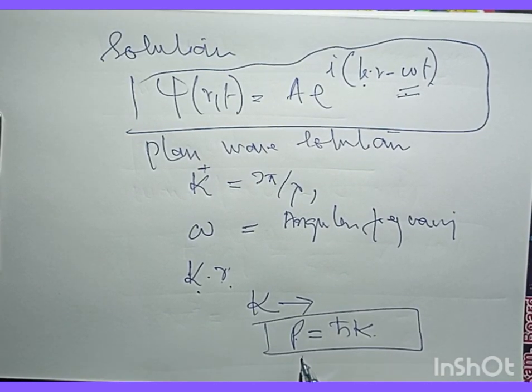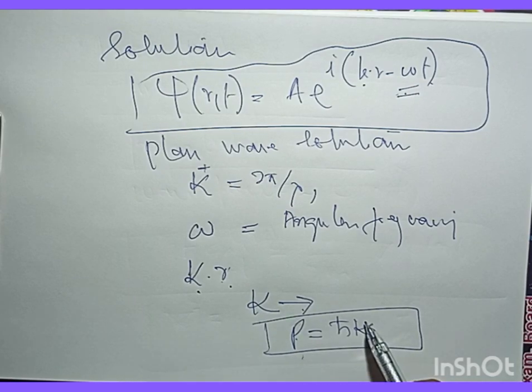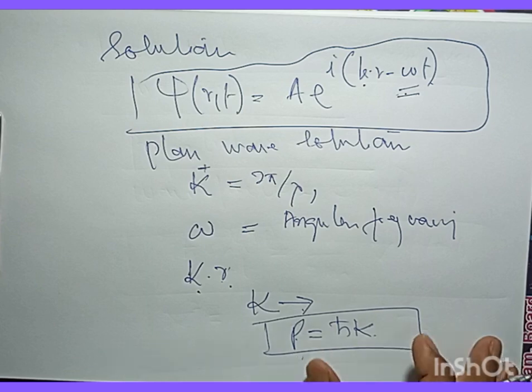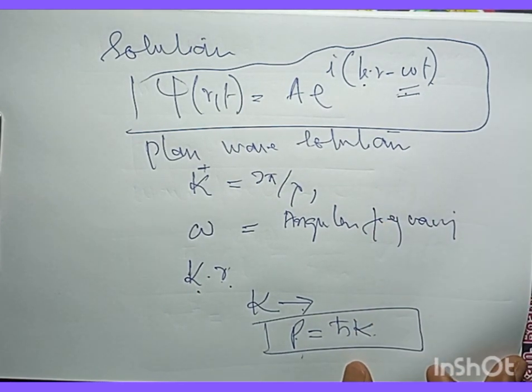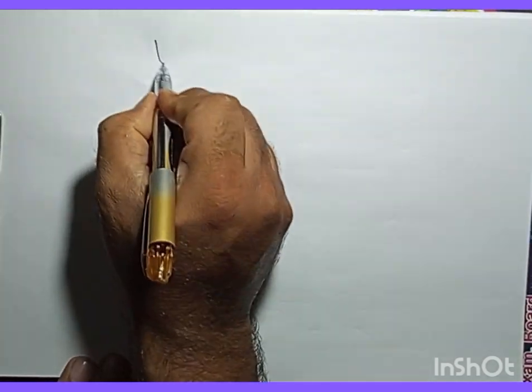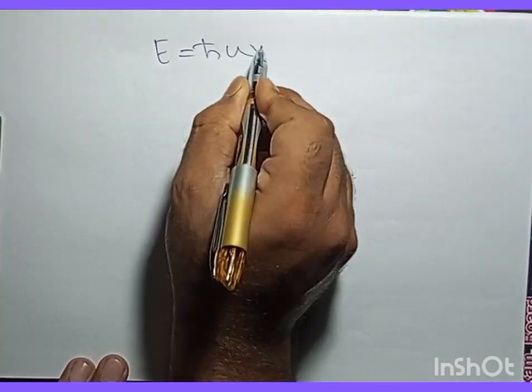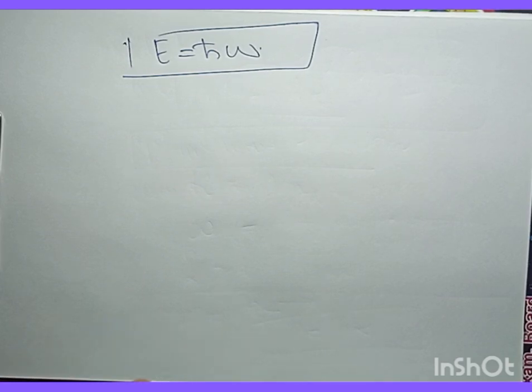So this is the relation between the momentum of the particle in quantum mechanics and the wave vector of the particle. Similarly, because omega is the angular frequency of this particle, omega is related to the energy of this particle, that is, E is equal to h cross omega.